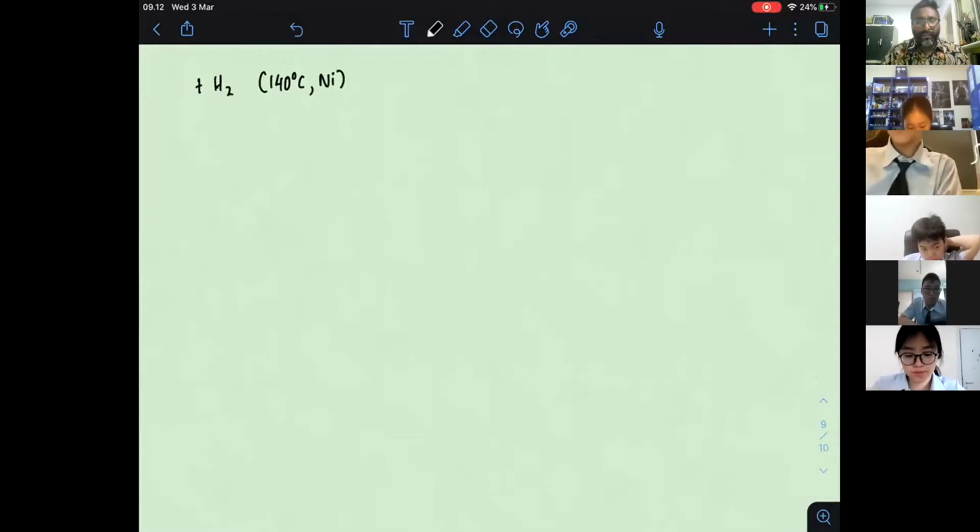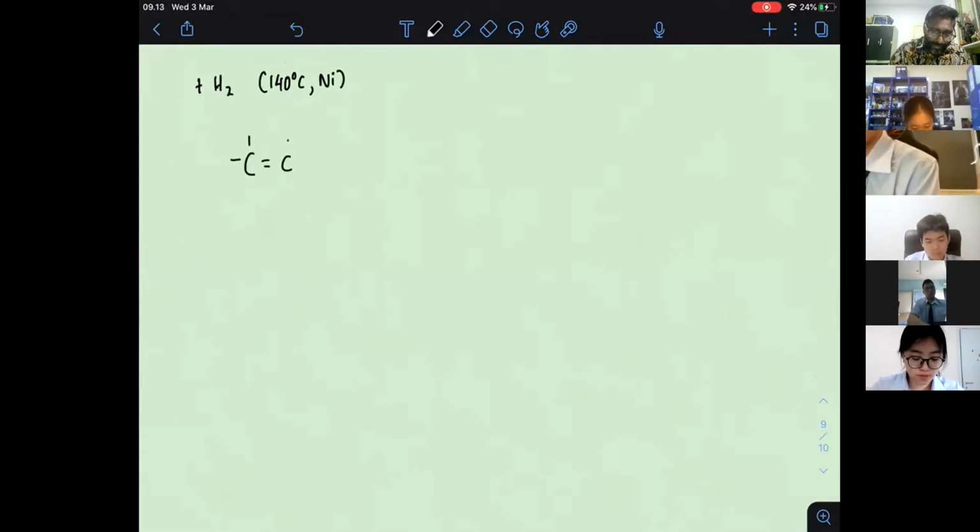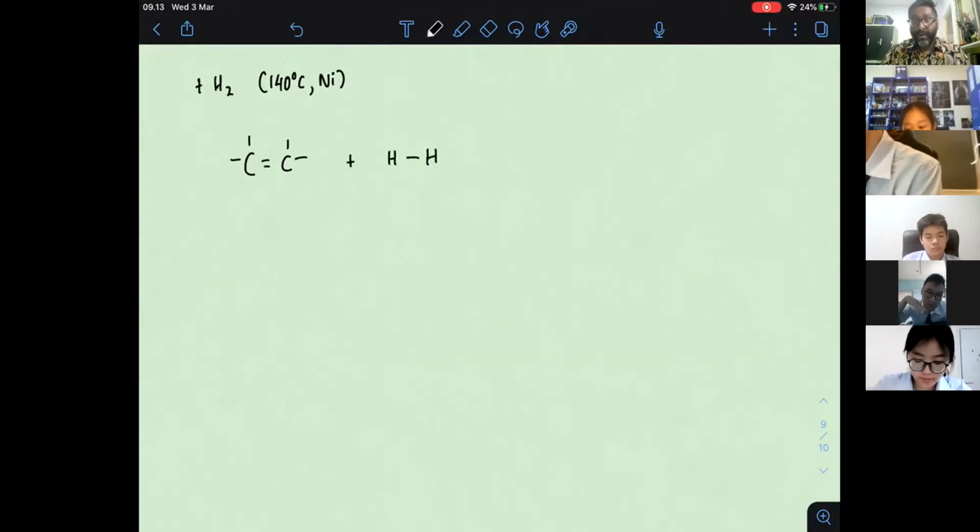So if you have a carbon-carbon double bond, I'm taking this example. I'm not drawing all the hydrogen. If I have hydrogen coming in, you can just represent them like this. Do remember, hydrogen is non-polar. So when they come near to the double bond, there is more electron.